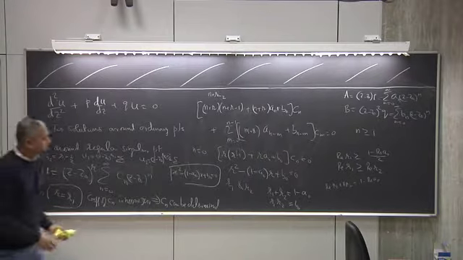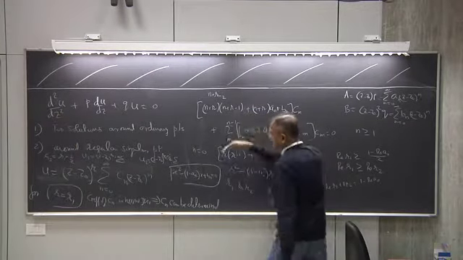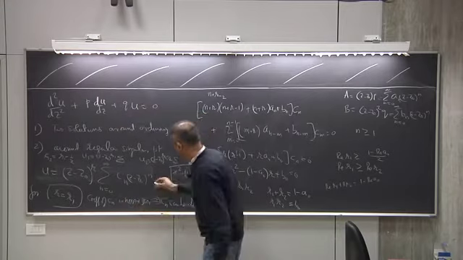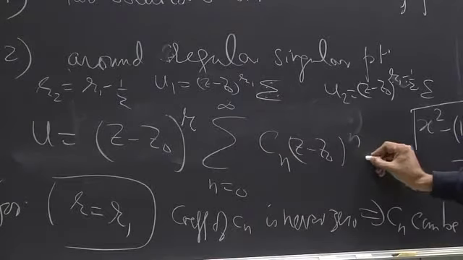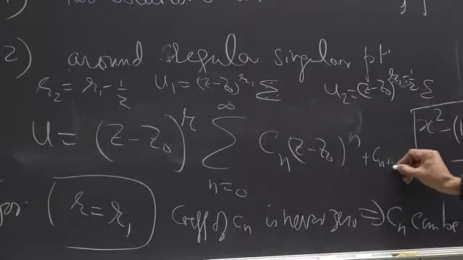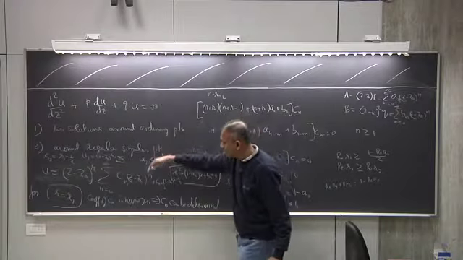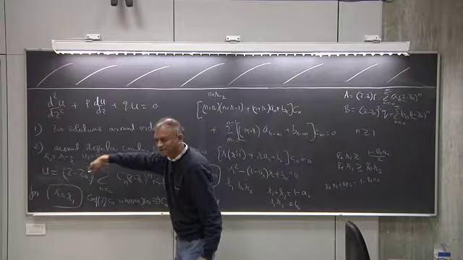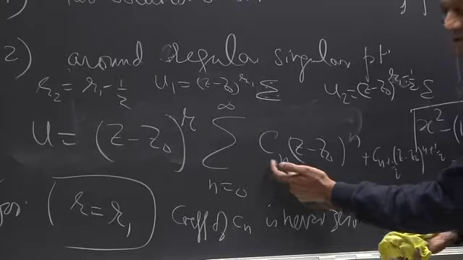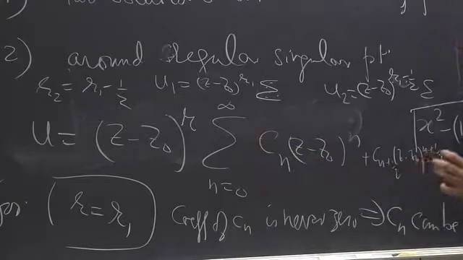Suppose you had also put here Cn plus half, times z minus z0 to the n plus half. Then when you plug it into the differential equation, you will find relations only between the integer Cn's separately and the half-integer Cn's separately. So it's like taking two independent solutions and adding them together.